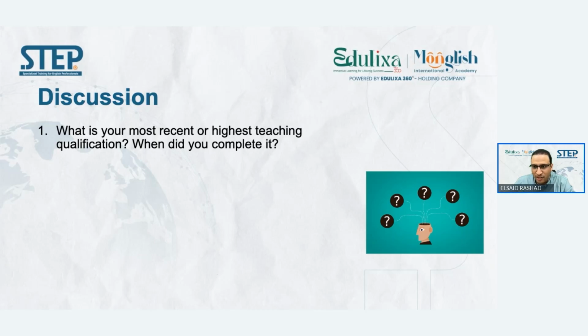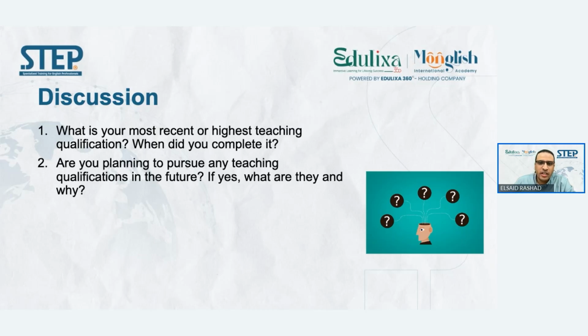Thank you very much. My second question is about your plan for the future. What is the teaching qualification that you are planning to take, let's say next year or in 2025, 2026? CELTA, IB. Okay, for me, it's the PhD, but it's not in the coming year.